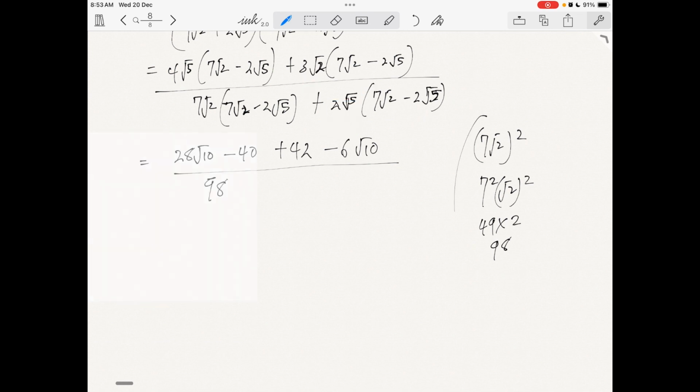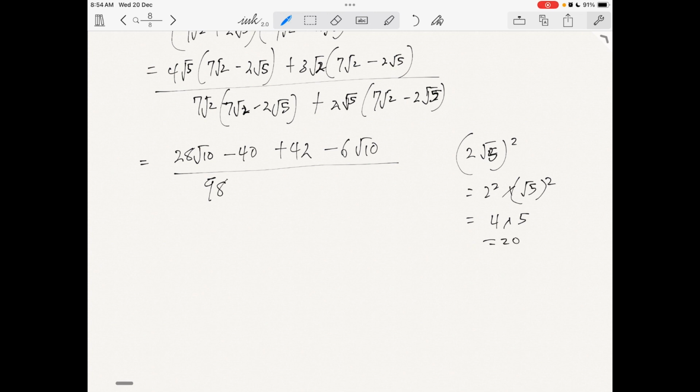We want to do 2 root 5 squared, and that will give us 2 squared multiplied by root 5 squared, which is 4 multiplied by 5, and that gives us 20. With the negative, this will give you minus 20.